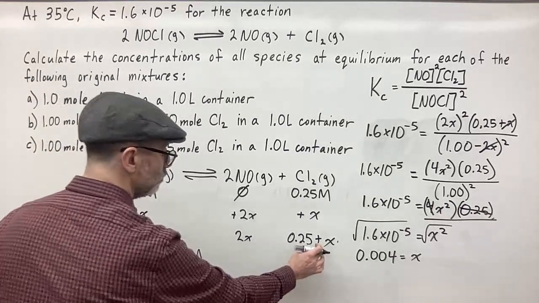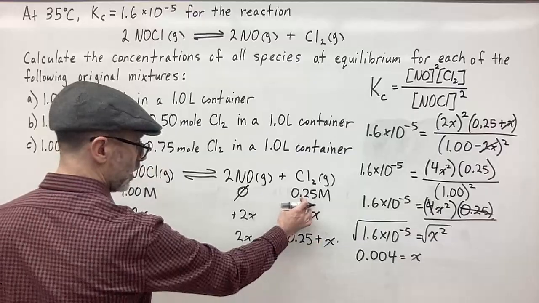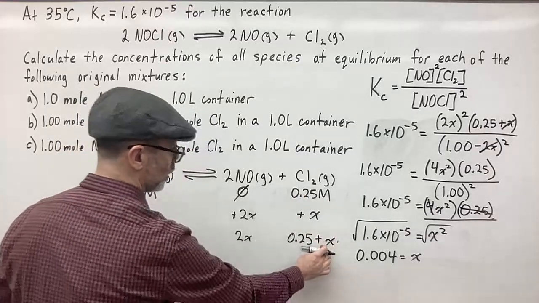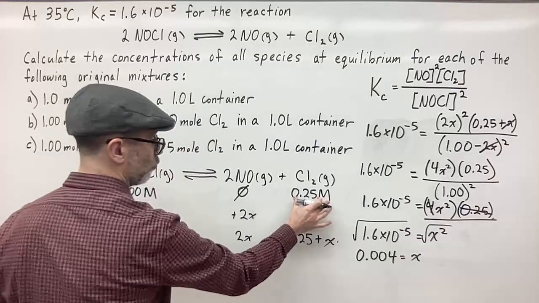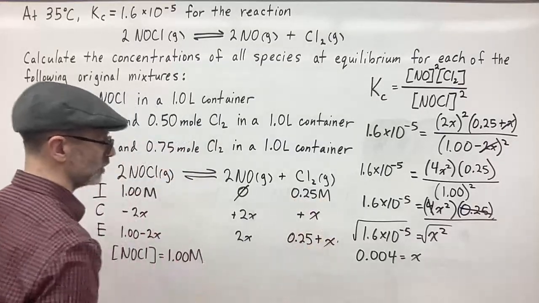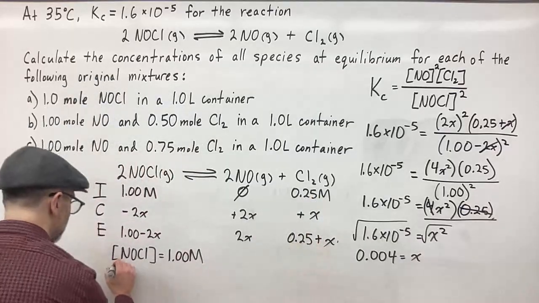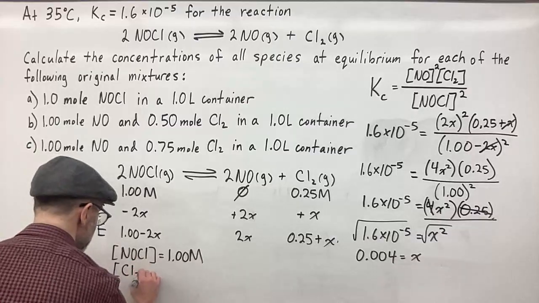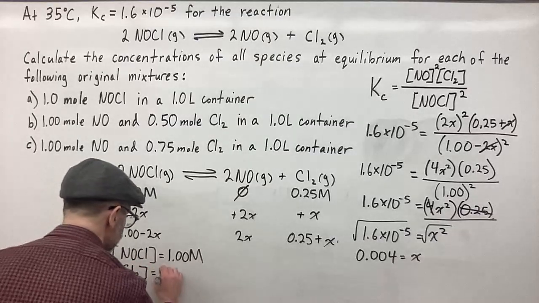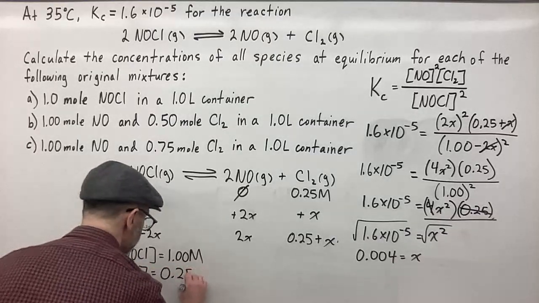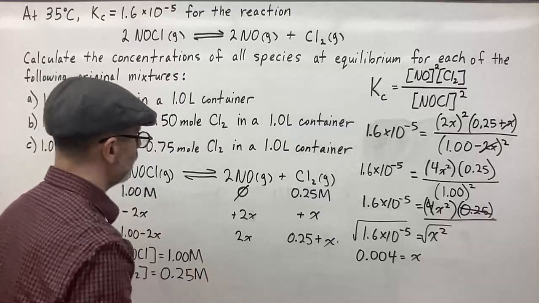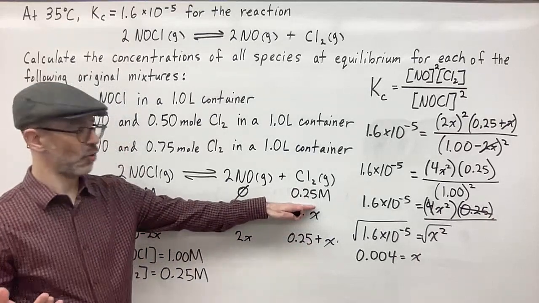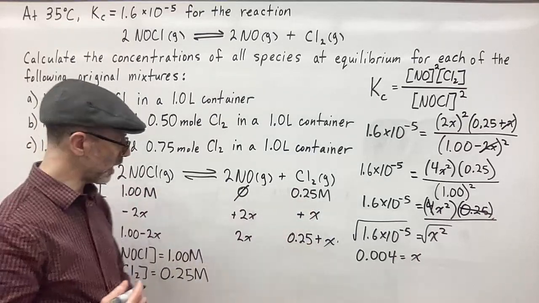Now for Cl2, since adding x was so small as to be negligible, the concentration we started with for Cl2 should be the same as the concentration that we're ending with. So the assumption is that the concentration of Cl2 is also equal to 0.25 molar, since x is so small that our initial concentration is going to be the same as our equilibrium concentration.